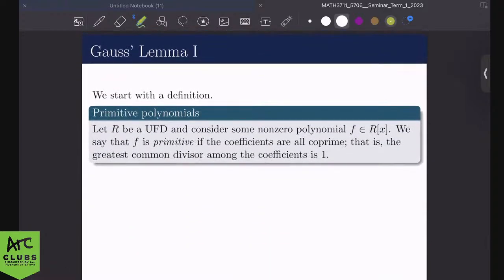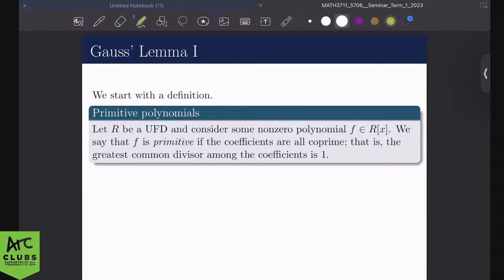So we'll move on to the final stretch, which is talking about fields. So Gauss's lemma, right? This is a lemma about polynomials. So recall that you can define a polynomial ring R[x], which is basically just the set of polynomials with elements of those rings as their coefficients.